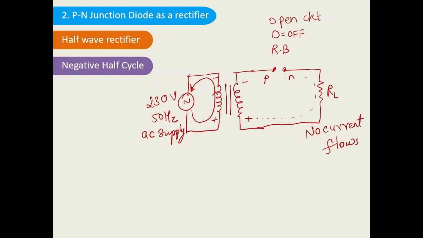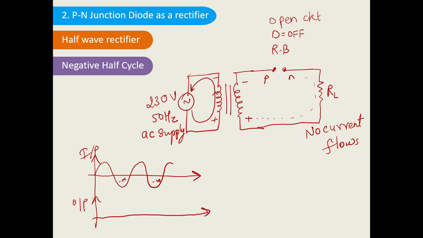So what we concluded is that in the negative half cycle, the current flowing through the diode is zero. The current flowing in the half wave rectifier circuit is zero. Suppose this is the input side, and this is the negative cycle. This is the input, and this is the output waveform.